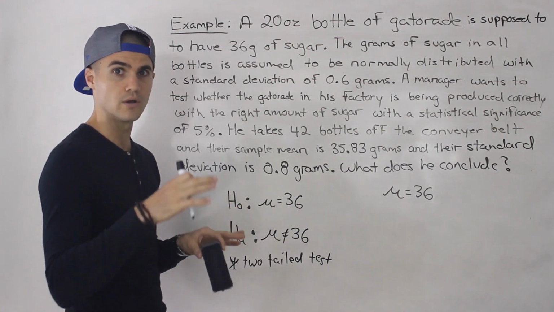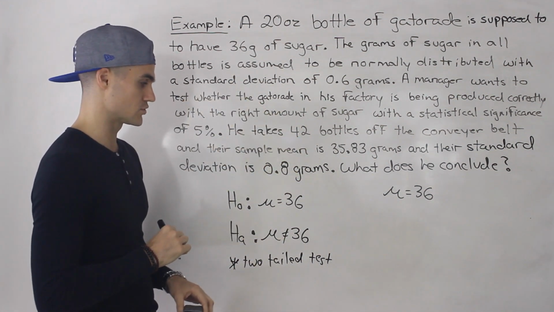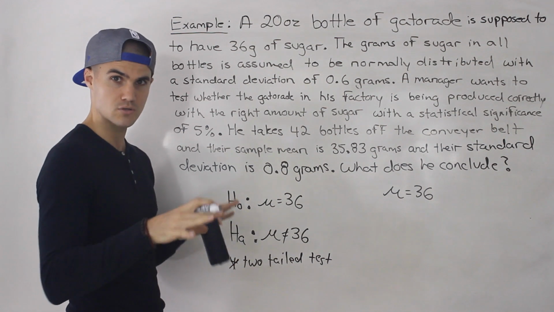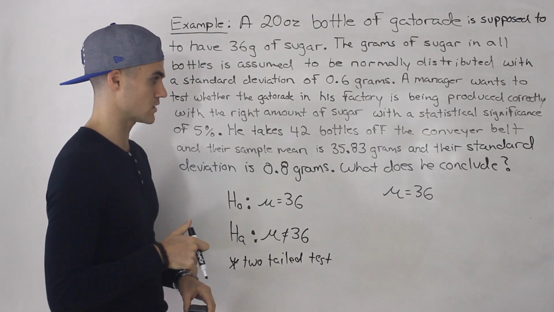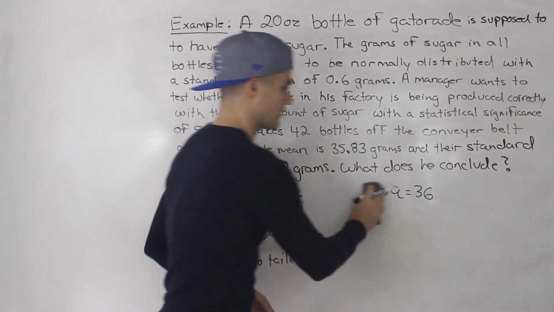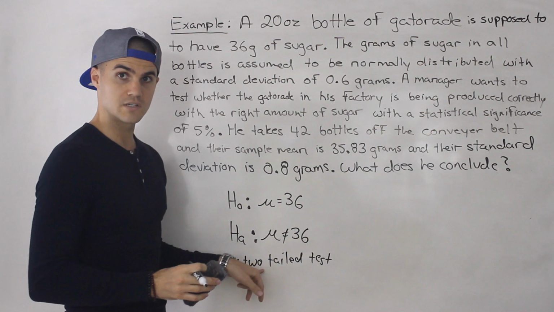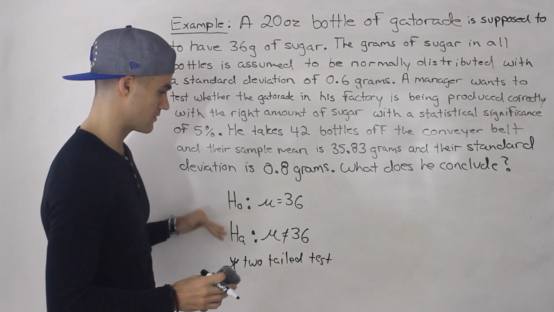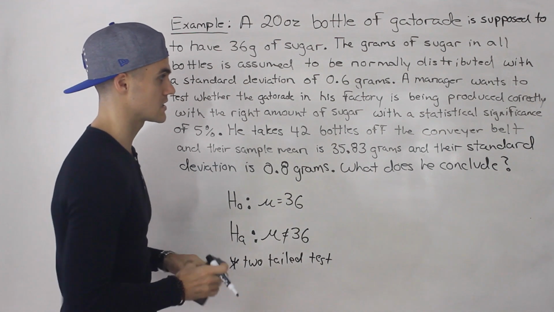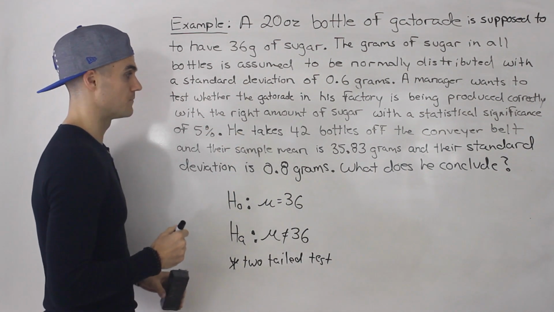The manager wants to know, is there too much sugar or is there too little sugar? He cares about both directions, so there's going to be two rejection regions when we're dealing with this question. And so that's a good start already. I already know we're dealing with a two-tailed test, and I've got my null hypothesis and my alternative hypothesis that correctly relate to this scenario.